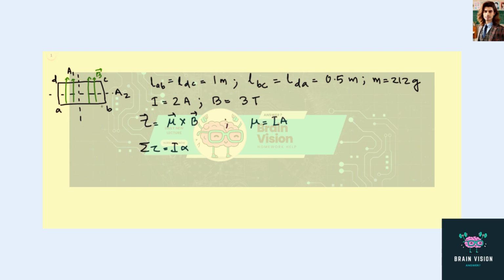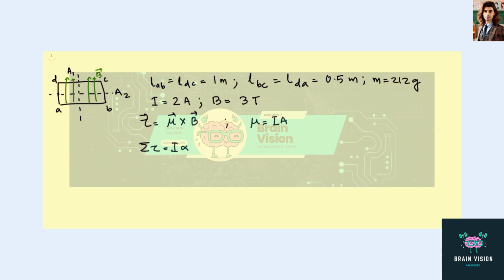To find that, treat the two 1 meter segments as point masses, since all the points in them are 0.25 meter from the rotation axis A2. The two 0.5 meter segments are treated as thin uniform bars rotated about their centers.